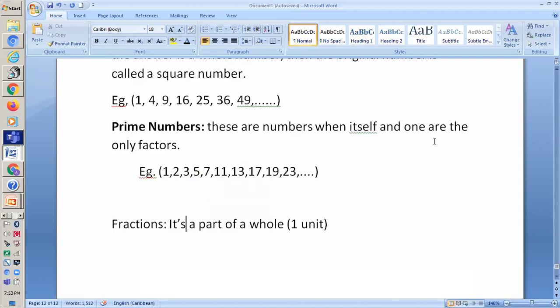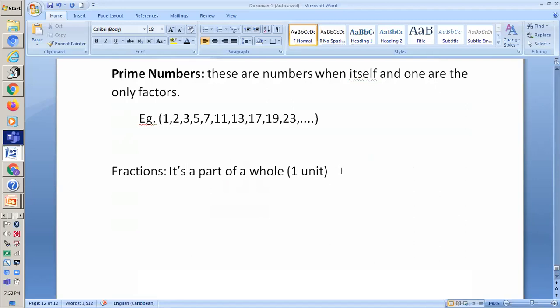So we're going to look at fractions. So a fraction is a part of a whole. There are a few things that we need to remember when we're adding fractions.